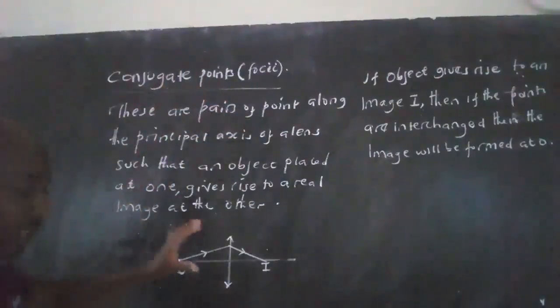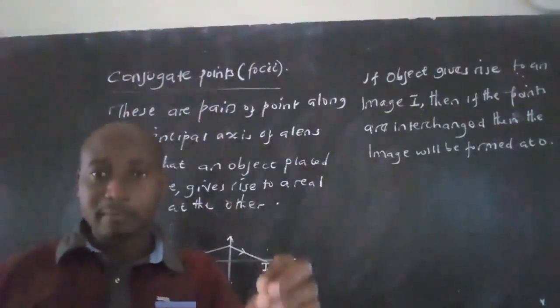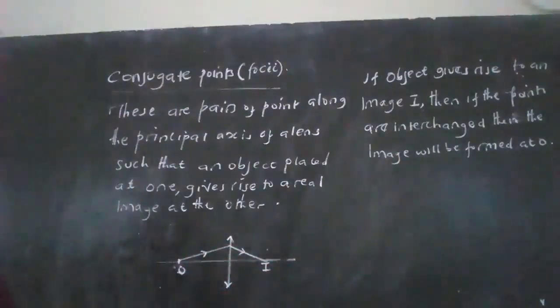They are points along the principal axis such that an object placed at one of them gives rise to a real image at the other point. Is that clear?